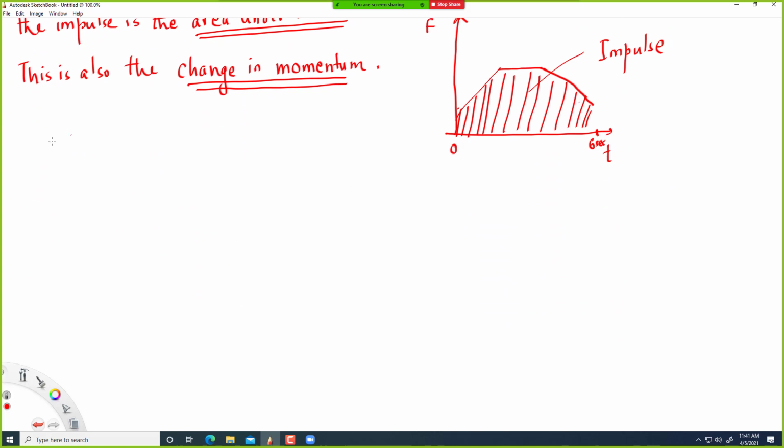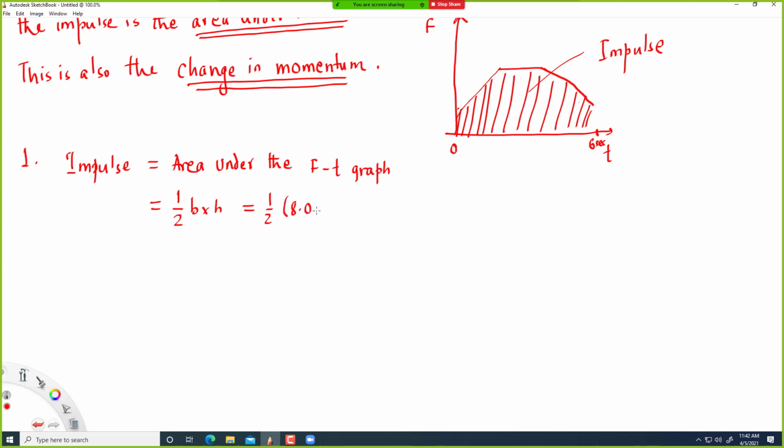So impulse is the area under the F-t graph. In this case, the area is the area of the triangle. What's the formula for area of a triangle? Yeah, 1/2 base times height. So 1/2, base is 8 milliseconds.